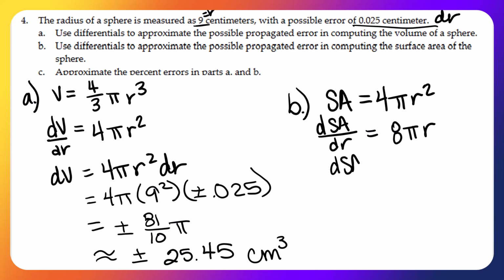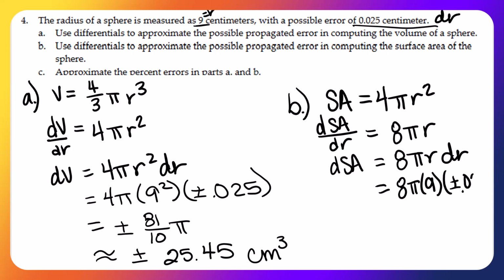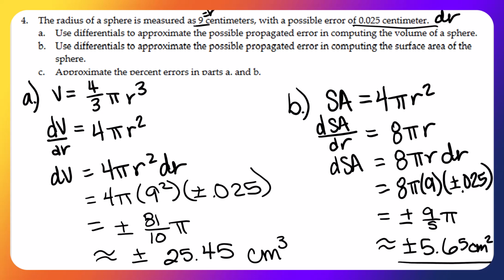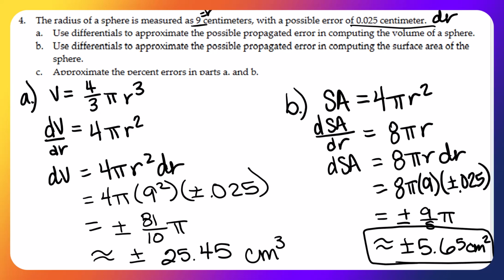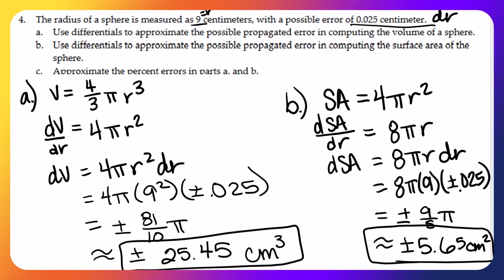So that means for the differential of surface area, we would have 8 pi r dr. So again, that r value is 9 and dr is 0.025, either plus or minus. So that's going to give me plus or minus 9/5 pi, which a decimal approximation would be about plus or minus 5.65. Surface area would be in centimeters squared. So there are our values for A and B.